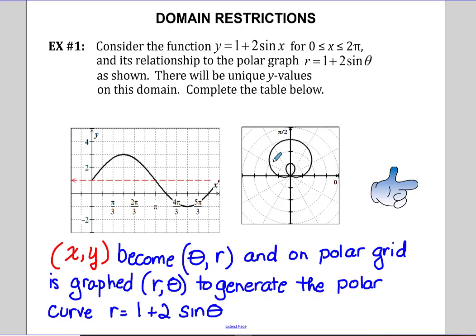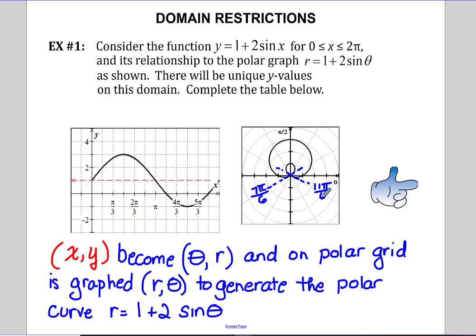And if you look at the graph carefully, here's 7 pi over 6 right here, and here's 11 pi over 6. And you see how they barely hug that inner loop there.